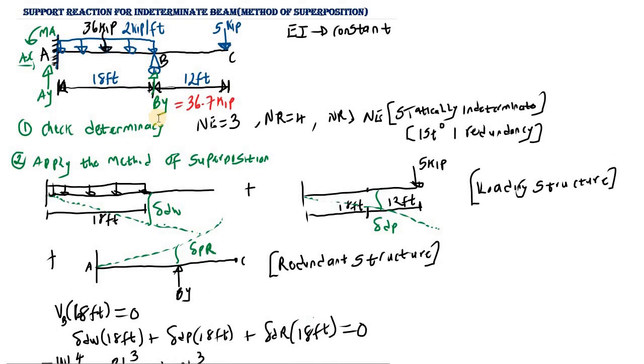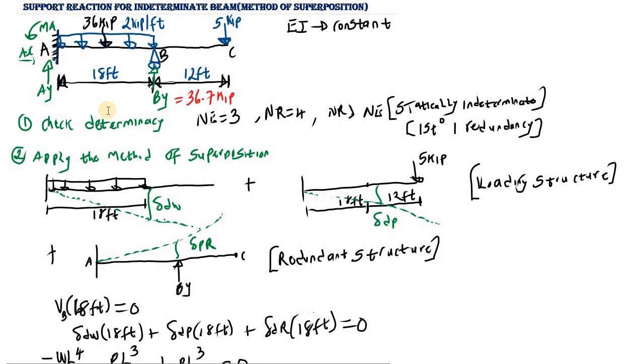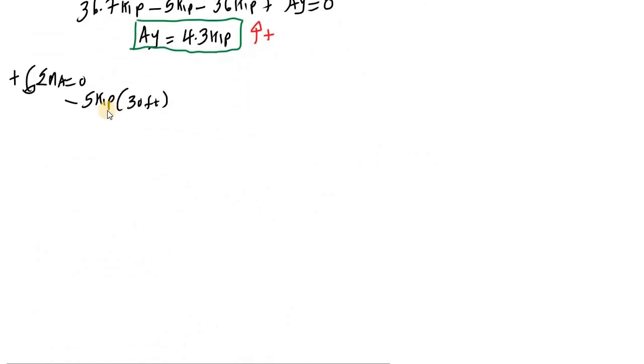And also, if we apply a force BY of 36.7 kip upward relative to the fixed support A, it is going to try to rotate this beam in the counterclockwise direction. So we're going to have a positive value, and the distance is 18 feet, as you can see. So it's 36.7 kip multiplied by 18 feet.